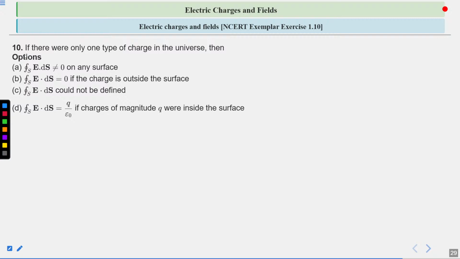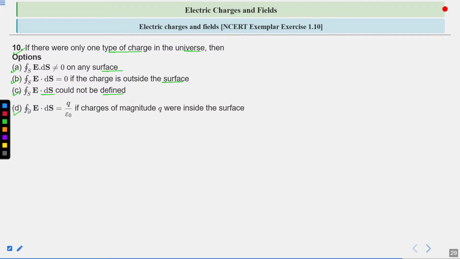This question is for you. The question is, if there were only one type of charge in the universe, which option is correct? Option A, closed integration E dot ds is not equal to 0 on any surface. Option B, closed integration E dot ds is equal to 0 if the charge is outside the surface. Option C, closed integration E dot ds could not be defined.